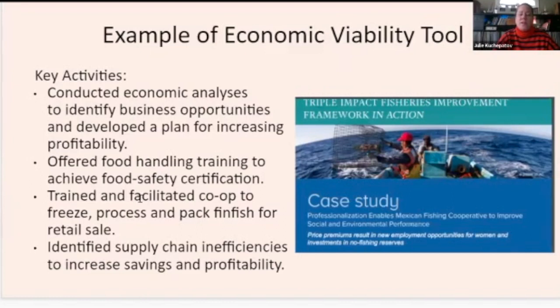Really, what this is about is maximizing value for the fishermen in the supply chain. And that's done through making sure that the quality is assured. An example of that is training in achieving the food safety certification, the second point here.